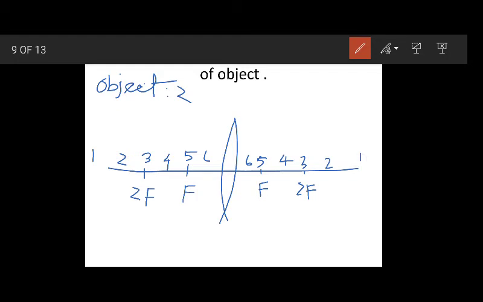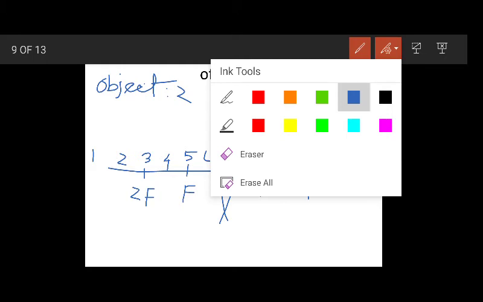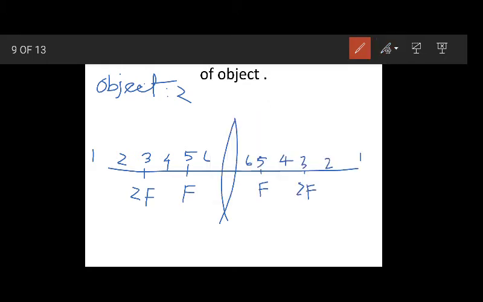So when you place the object here, then the image will be formed here, because the image will be at 6 minus 2, that is at 4 position.